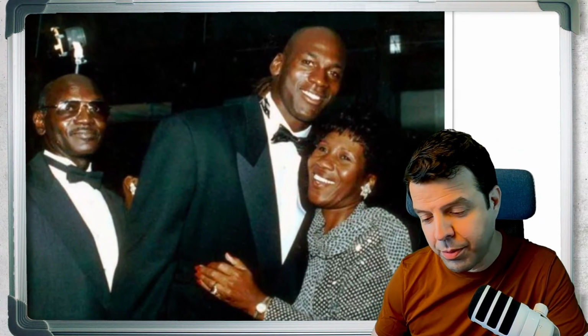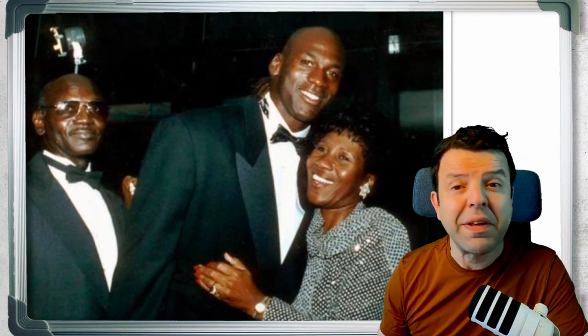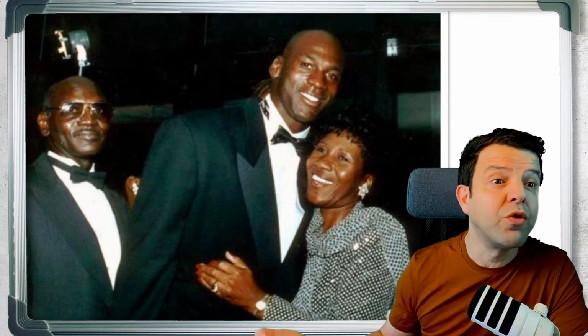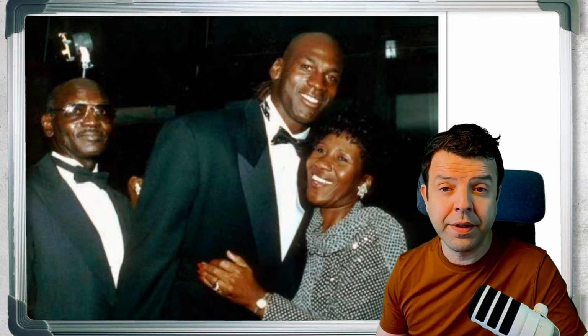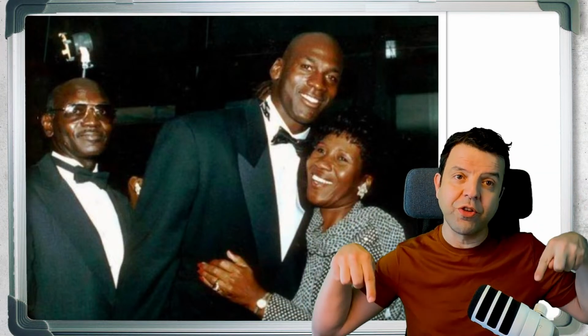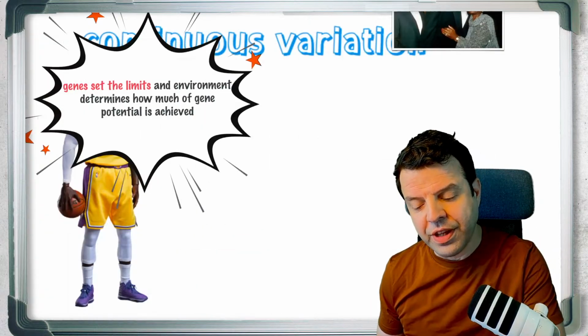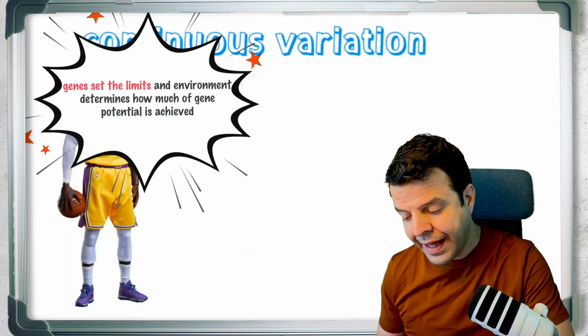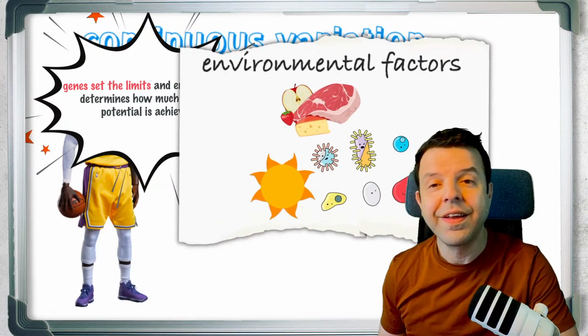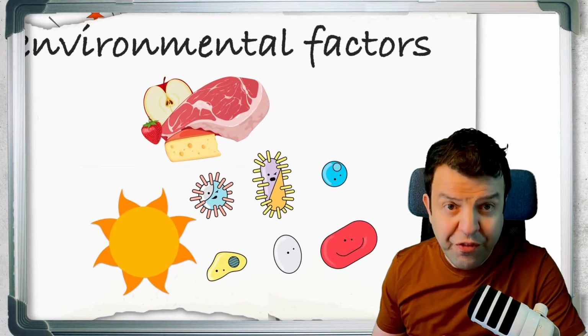So the gentleman here, look at his parents. They are quite tall. They must be tall to have a child who's like 190, 195 centimeters. But he went taller than his parents. So he has inherited from his parents those genes to make him tall, but certain environmental factors, such as what? Such as diet, exercise, infections.